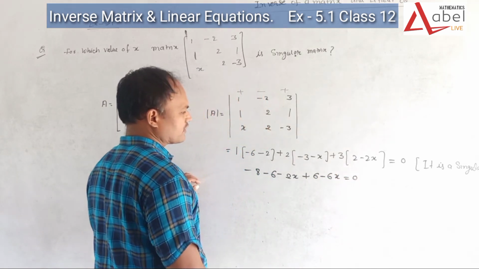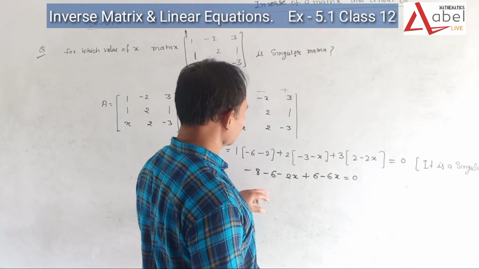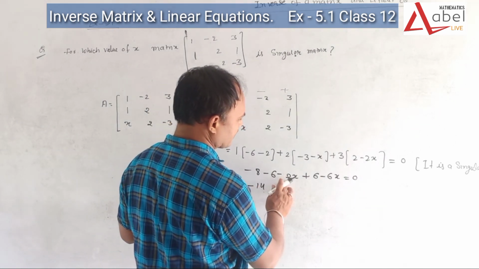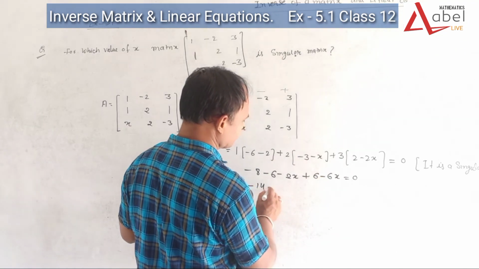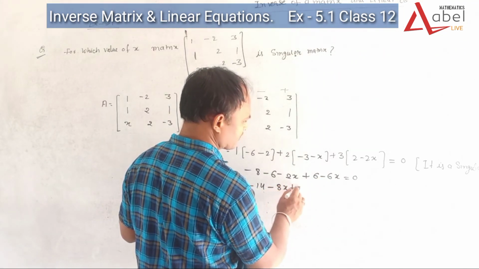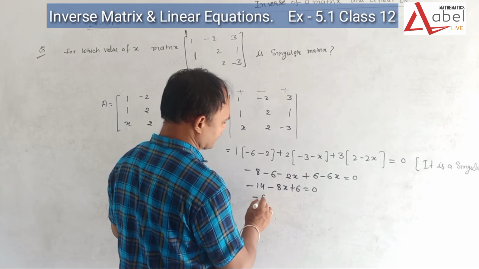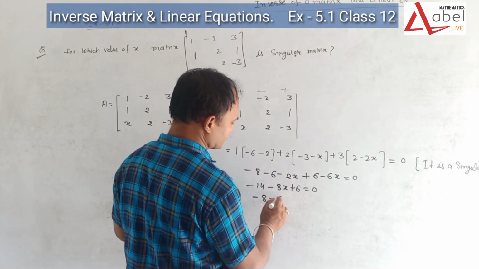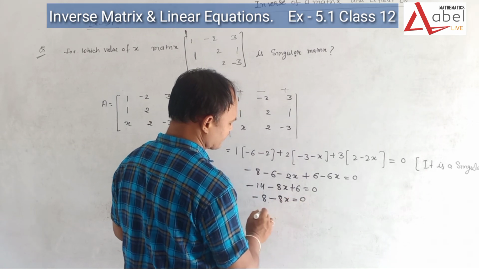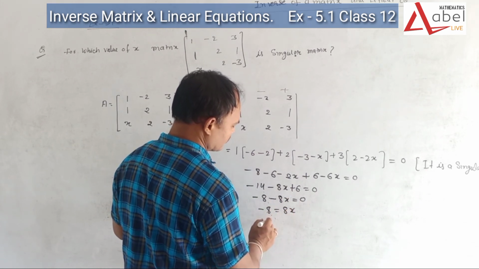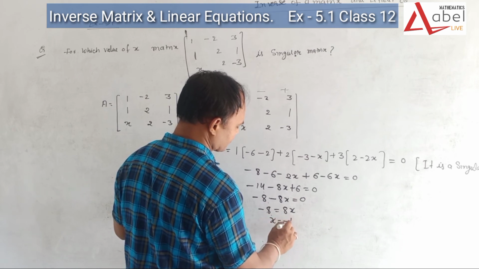So minus 8 minus 6 is minus 14, and minus 2x minus 6x is minus 8x, plus 6 equal 0. So it is minus 8 minus 8x equal 0. So minus 8 equals 8x, so x equals minus 1.